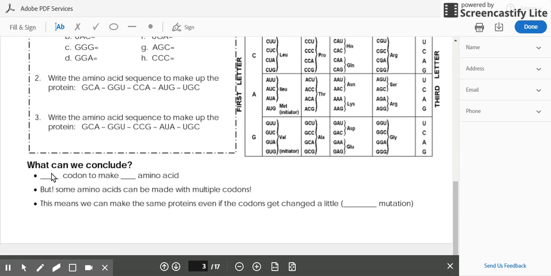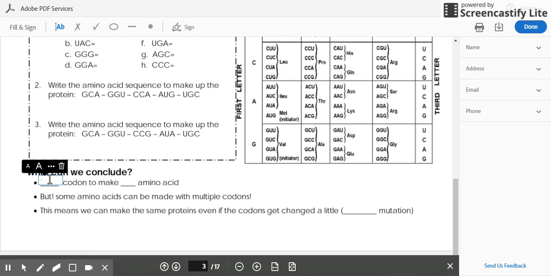We also concluded that one codon, which is 3 letters, is used to make one amino acid. So you use 3 letters to make one amino acid. Multiple codons can be used to make any one amino acid. So some amino acids have multiple codons, which means that we can make the same proteins even if our codons get changed a little.